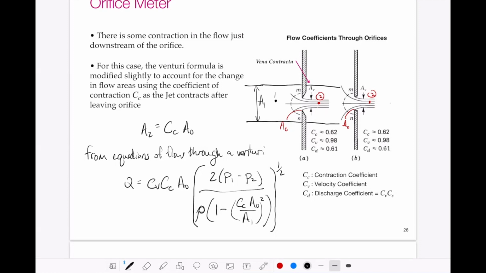And at some point before, we would measure the pressure, and at some point after we would measure the pressure. We know our contraction coefficient, we know the area of the pipe, and we know the area of the reduced orifice. And we can calculate the flow rate through that orifice if we know the contraction coefficient. And then all we have left now is this velocity coefficient.